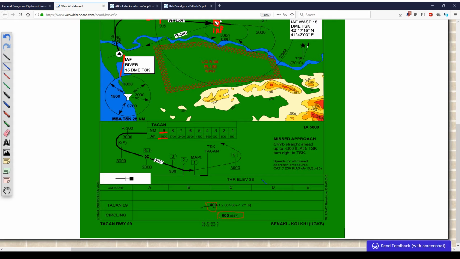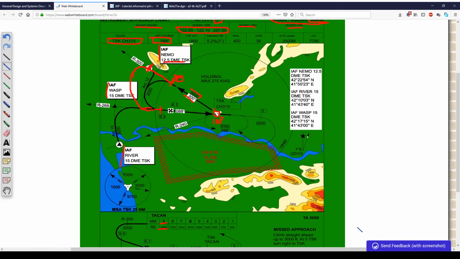Yeah, you understood the pressure correctly, but I will just add the important thing that for the TACAN approach, or for all the non-precision approaches, NDB and TACAN and so on, the threshold elevation is not important, but the airport elevation is, which is at the upper part of these charts.